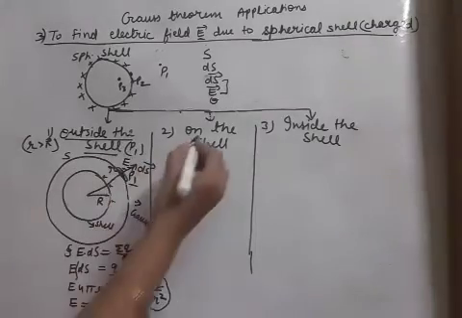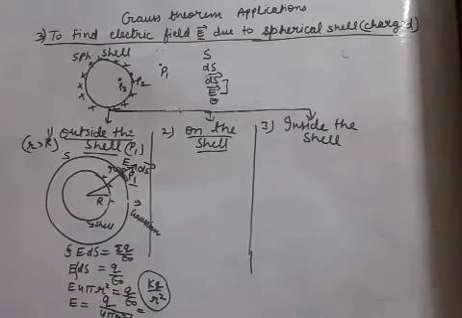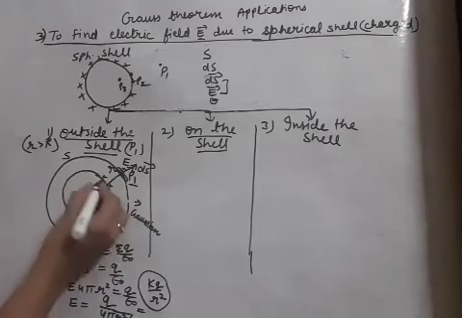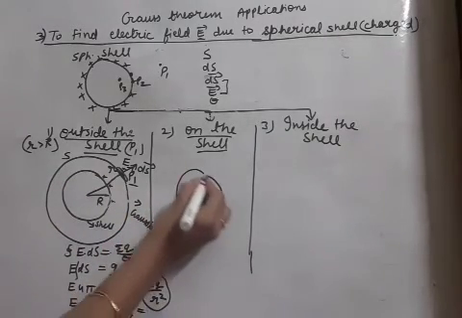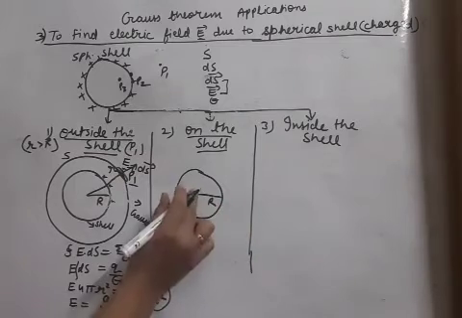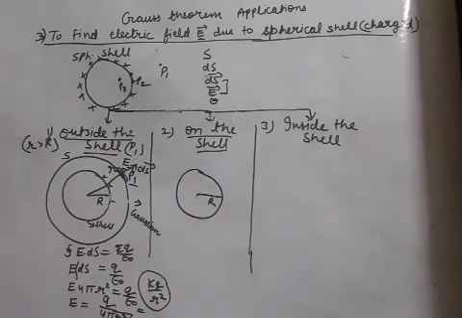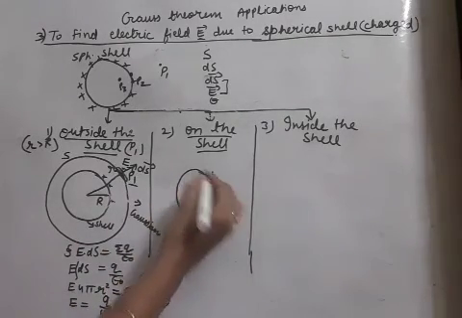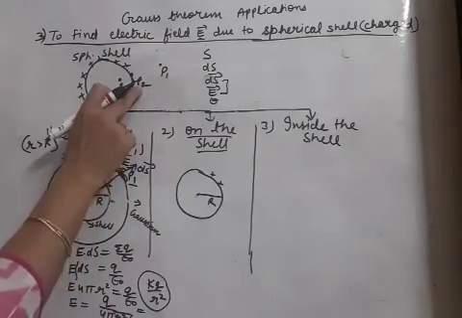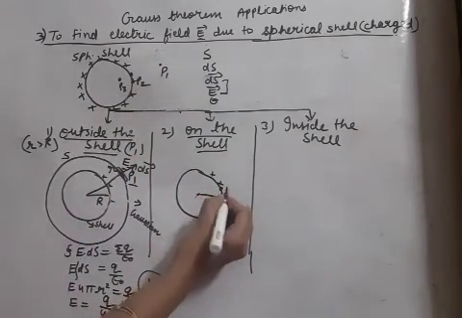In the same manner, let us start taking on the shell case. So let us draw the diagram. This was our spherical shell of the same dimension. I am drawing the spherical shell. Radius of the spherical shell is capital R. It is charged. Now our point P2 is on the shell only.